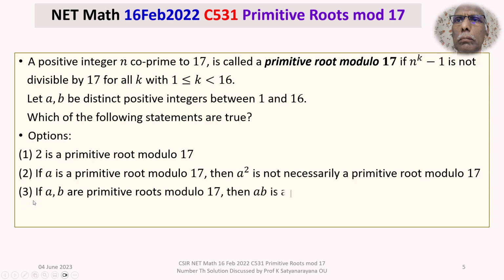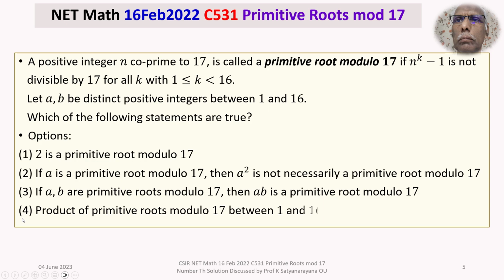Option 3: If a, b are primitive roots modulo 17, then the product ab is a primitive root modulo 17. Option 4: the product of primitive roots modulo 17 between 1 and 16 is congruent to 1 modulo 17.